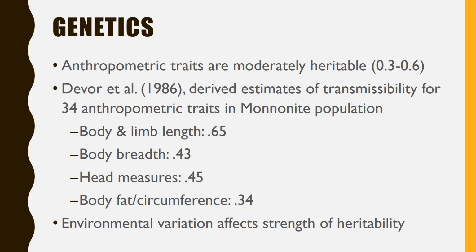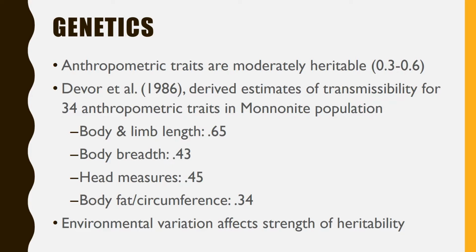We haven't gone into too much detail on the mathematics behind calculations of heritability, but heritability is measured as a proportion. In other words, it's a measure of the proportion of total variation due to genetic variation. So it's asking, here's the variation in this trait in a population.